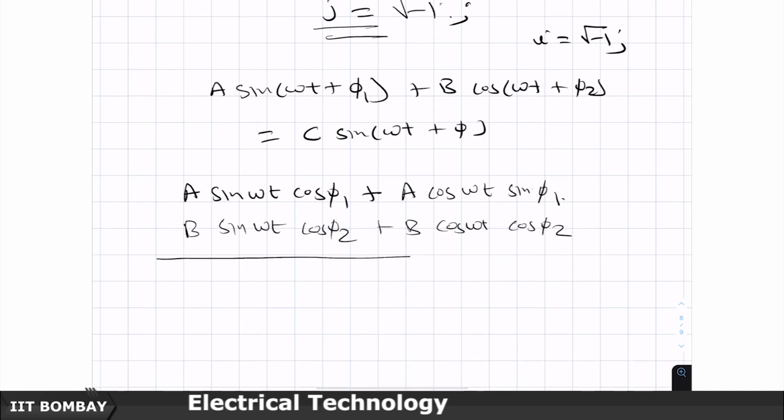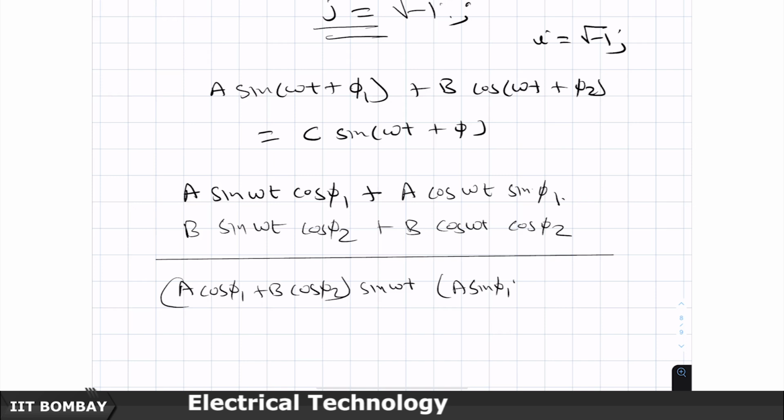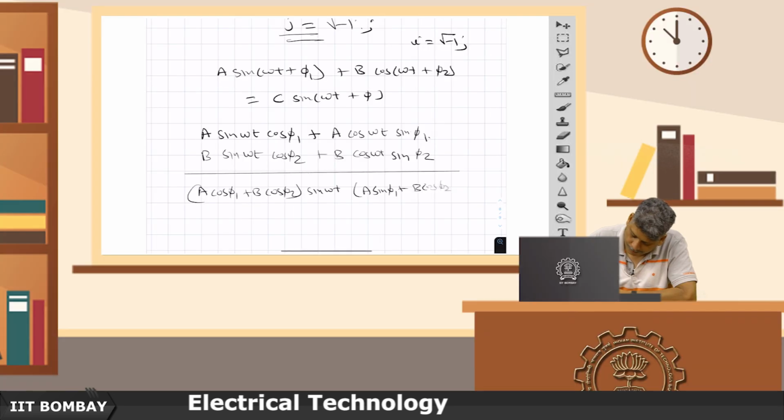Now if I add these two things together, it will turn out to be A cos phi 1 plus B cos phi 2 into sin of omega t plus A sin phi 1 plus B sin of phi 2 times cos of omega t.